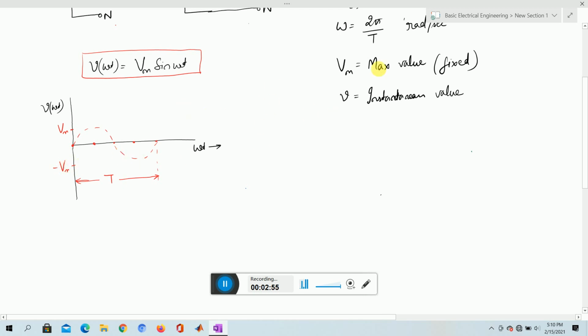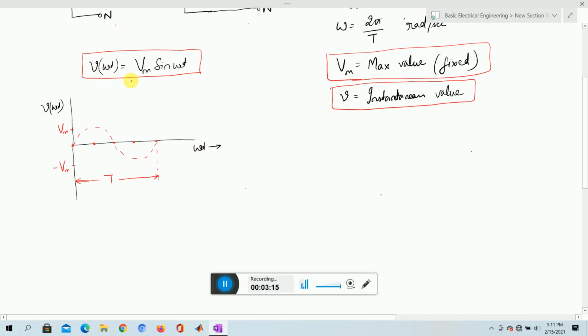Now the capital letter represents the maximum value, and capital letters are usually the fixed values. But the small quantity is the instantaneous value, and this value changes with time, or with omega t in radians per second.